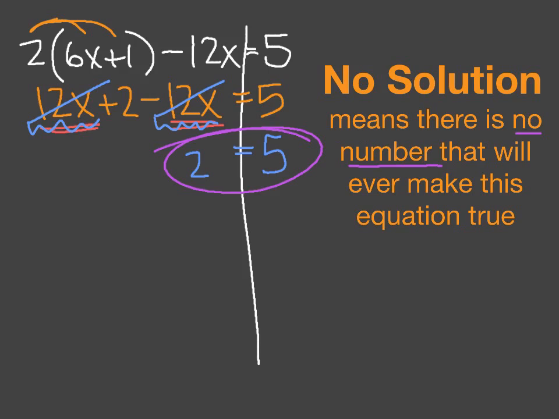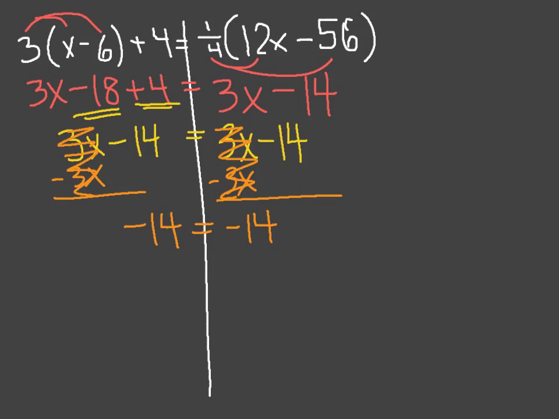Now, if we go back and look at our second example really quick, this is what happened here. All of my x's disappeared. They crossed each other out. But in example 2, I was left with two numbers that were not equal. 2 is not the same as 5. But in this case, all of my x's crossed out, and I'm actually left with two numbers that are equal to each other.